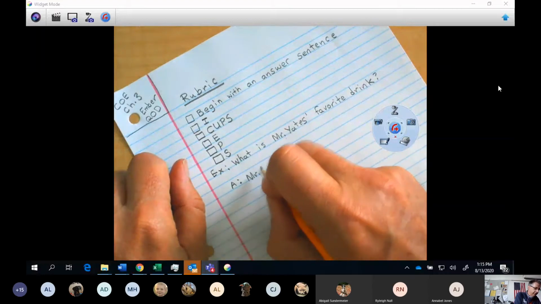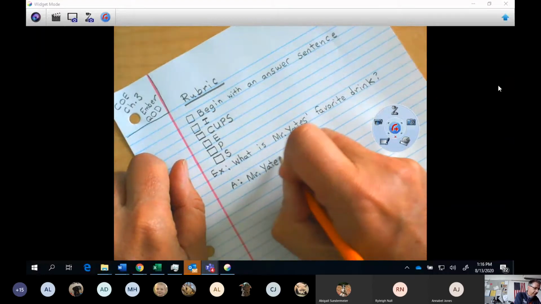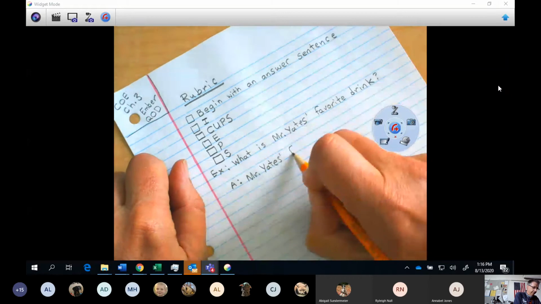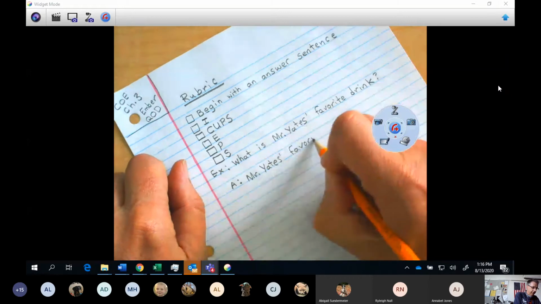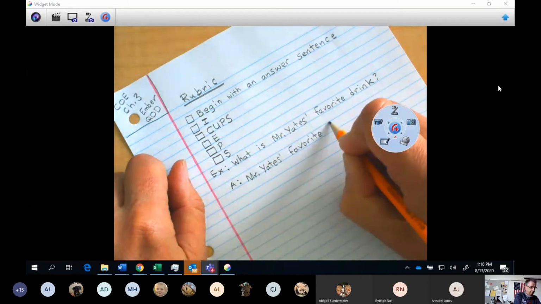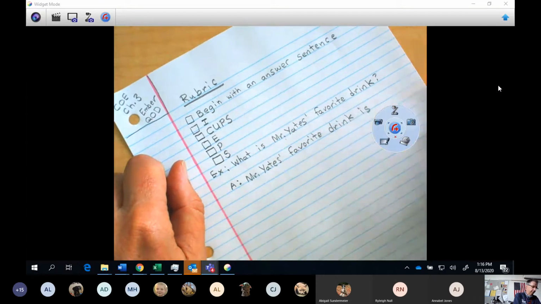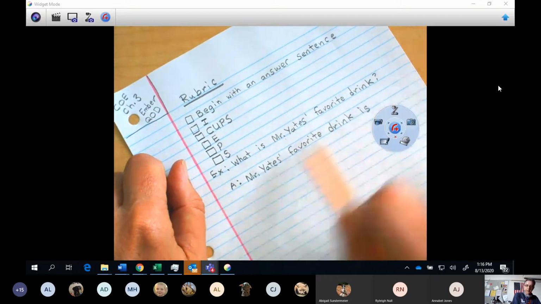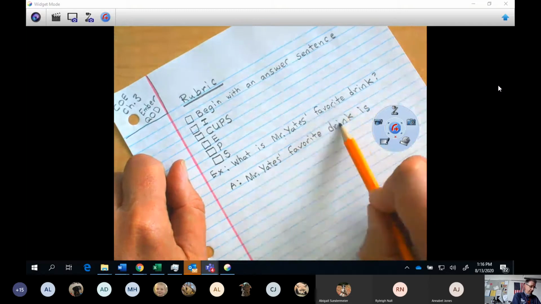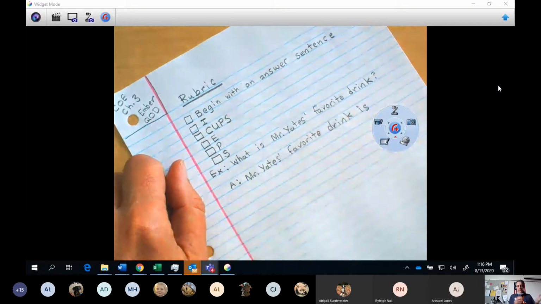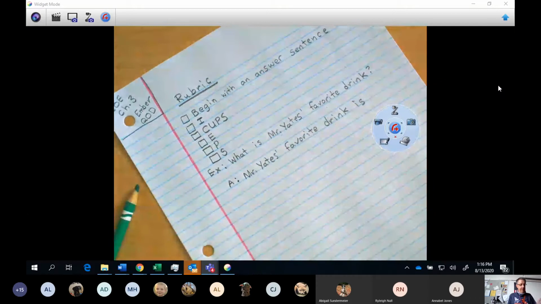Mr. Yates's favorite drink is. Now I've used the word favorite, I've used the word drink, I've used the word Mr. Yates, I've used the word is, I've used almost all the words from the question in my answer sentence.